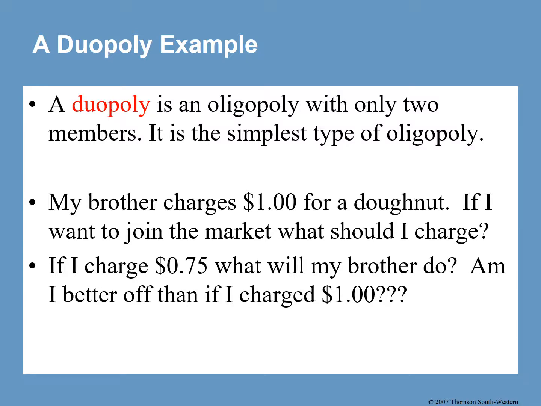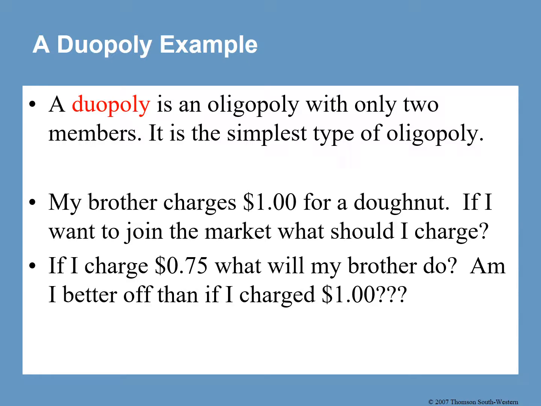All of a sudden, I want you to consider, am I better off than if I charged $1? Because what do I need to do now? I need to undercut him once more. And you see where I'm getting at here. Even though there were only 2 of us selling donuts, there weren't 100 kids selling donuts. There was only 2 of us. But our competition with one another caused tension in our market power.